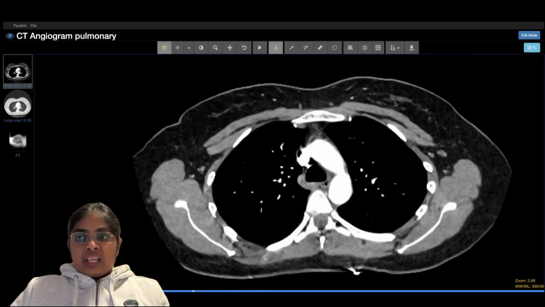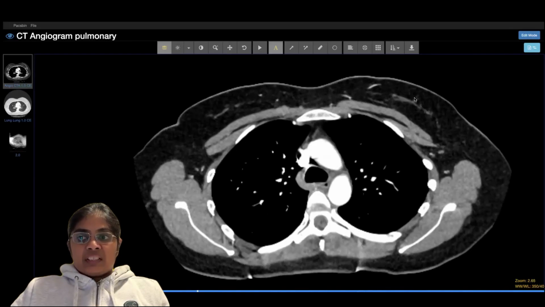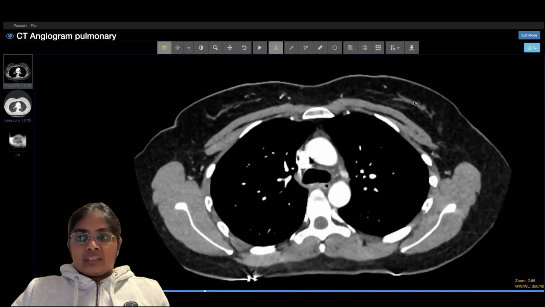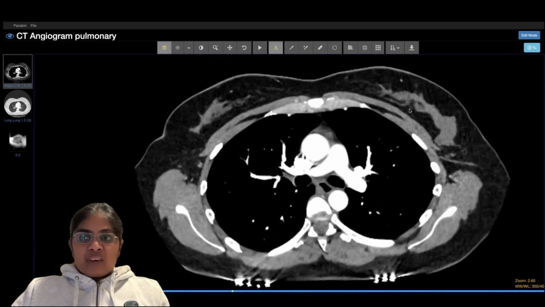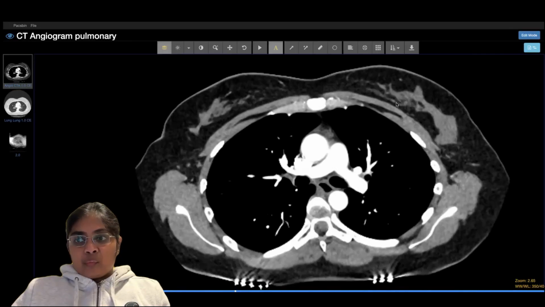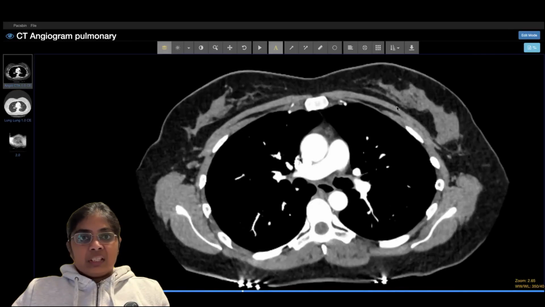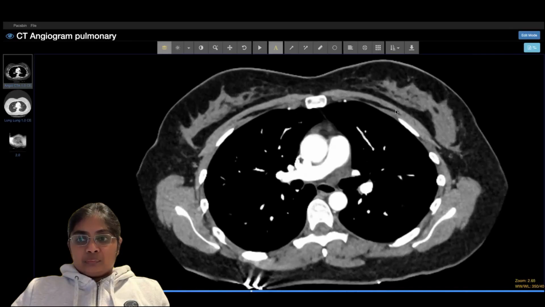Anteriorly, depending on the age of the patient, you may see a remnant of the thymus gland. And as I'm working my way through, I'm evaluating any abnormally enlarged lymph nodes within the mediastinum.